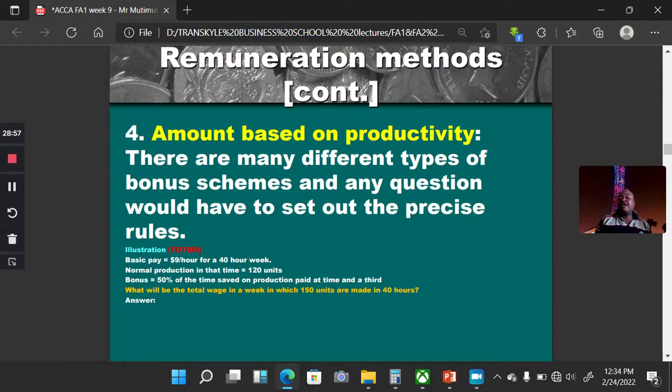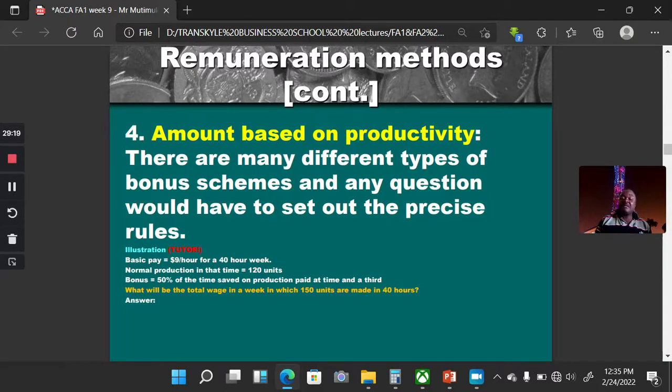Now, remuneration methods continued. We're going to have this fourth method, where the amount is based on productivity. There are many different types of bonus scheme, and any question would have to set out what is actually required by the examiners.